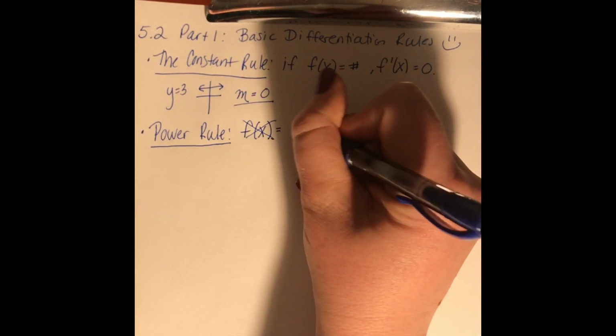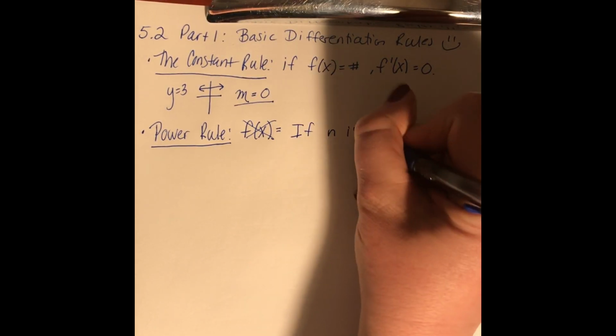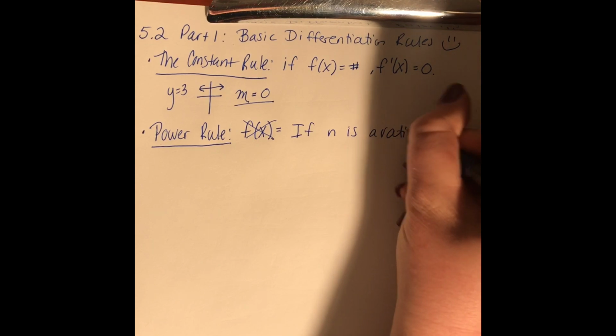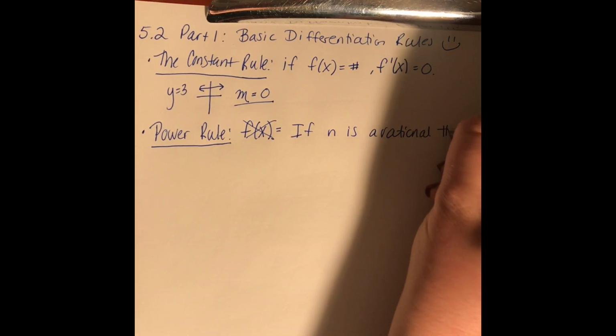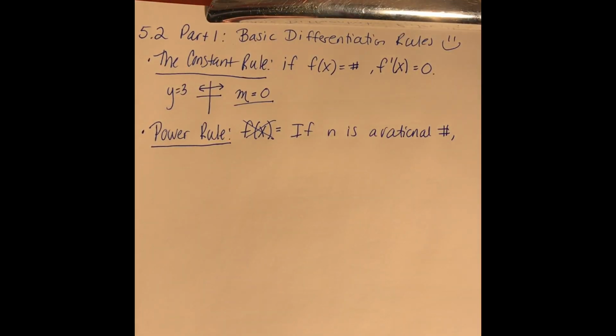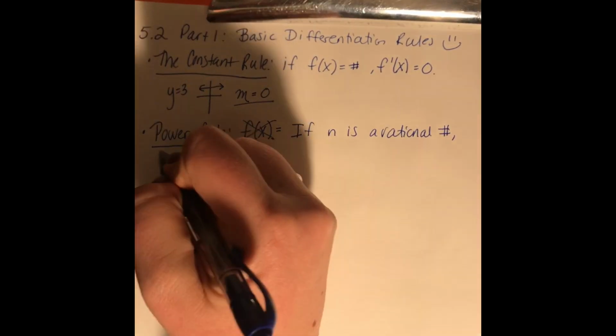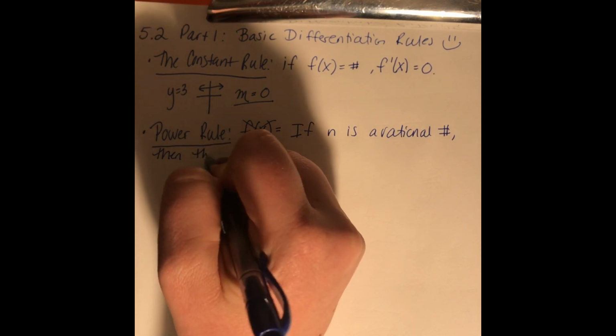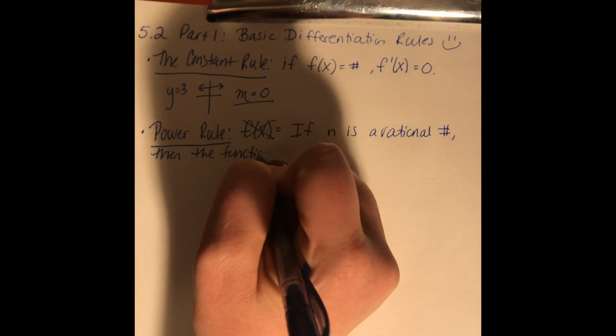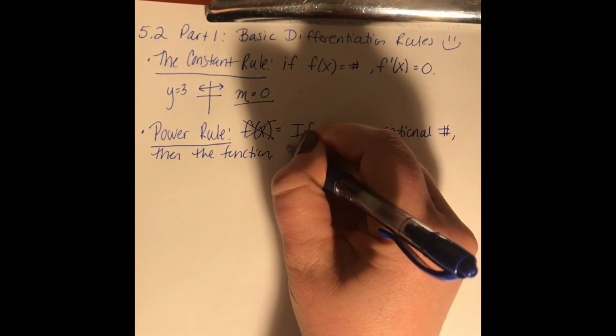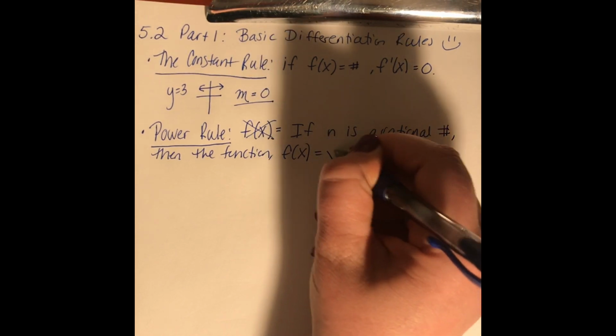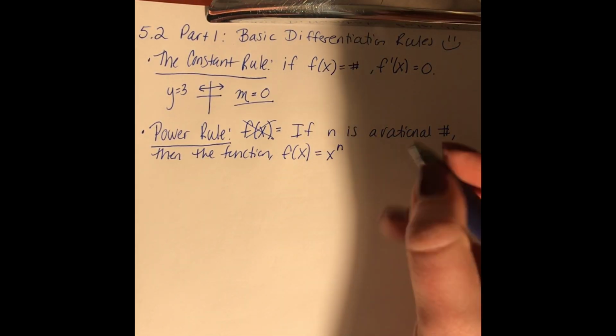Okay, if n is a rational number, so remember, rational numbers is any number that can be written as a fraction, then the function f of x is equal to x to the power of n.